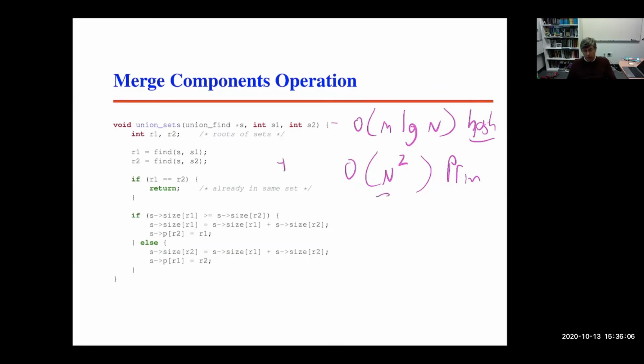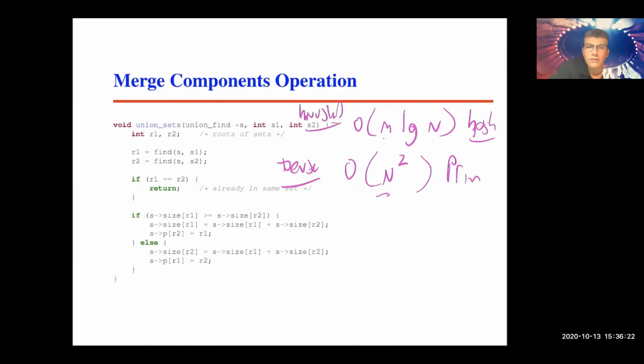So for dense graphs, Prim is king. For sparse graphs, if it had a linear number of edges, it would be n log n, and you would use Kruskal. I see, because m in dense graphs is n squared. Yeah. Right. Any other questions about minimum spanning tree algorithms?